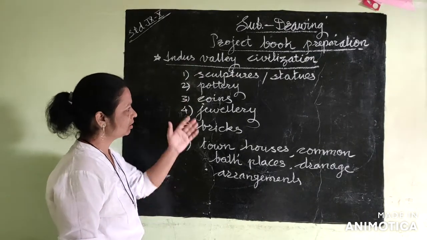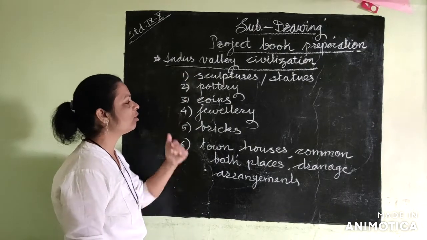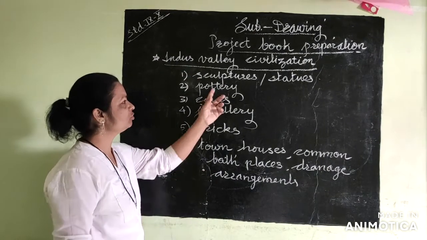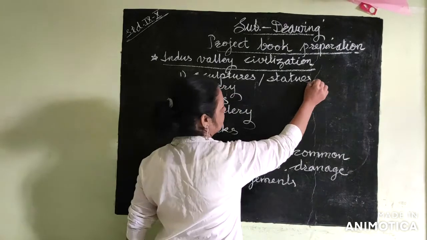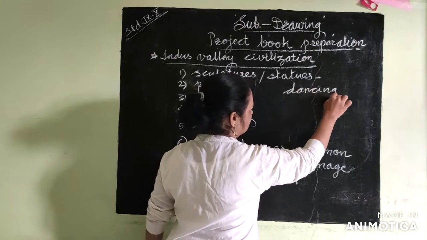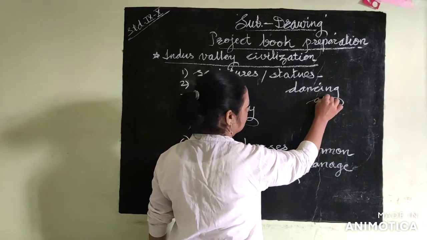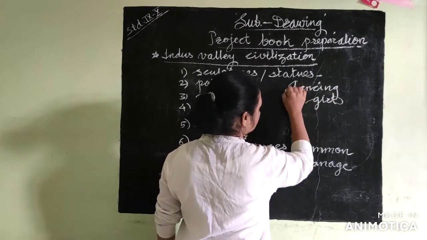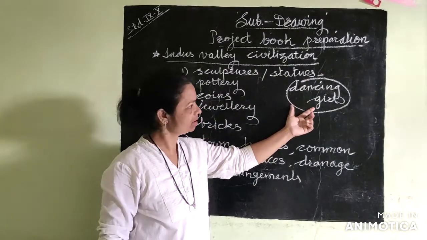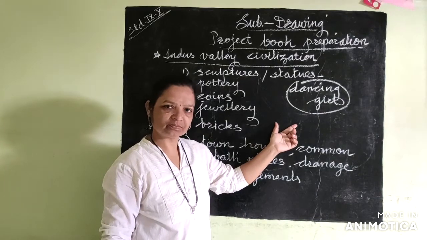Okay, there is no need to include all these topics. Choose one topic. If you choose the statue of a dancing girl, then put the related picture, the dancing girl statue picture, here.